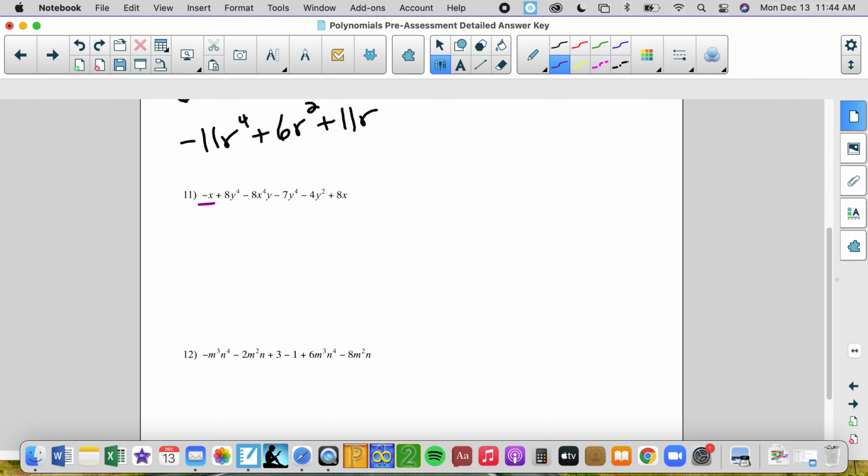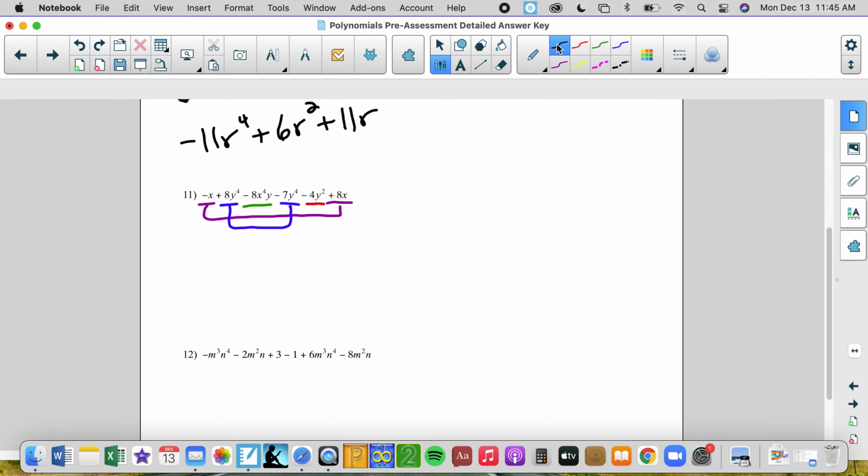Negative x, positive 8x. Look at that. Y to the fourth, y to the fourth. This is really good. Negative 8x to the fourth y does not have a partner, and nor does negative 4y squared.